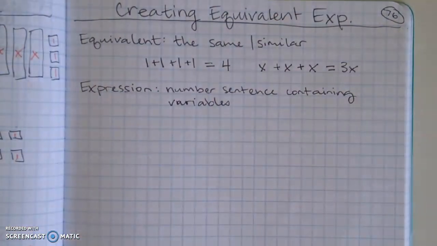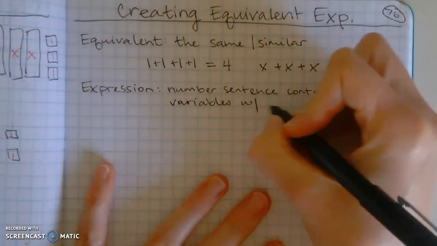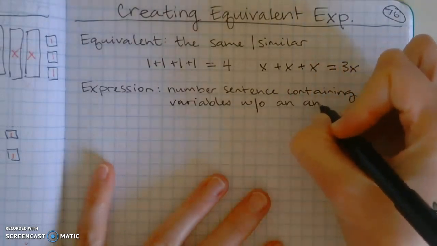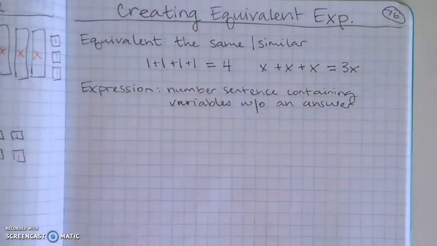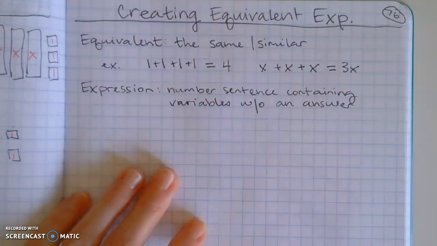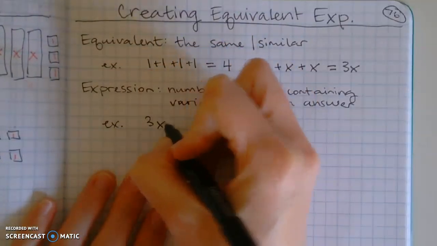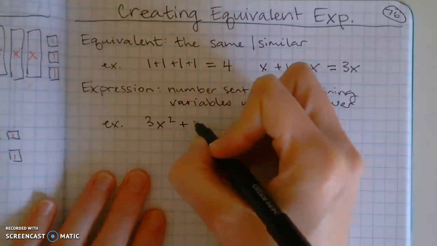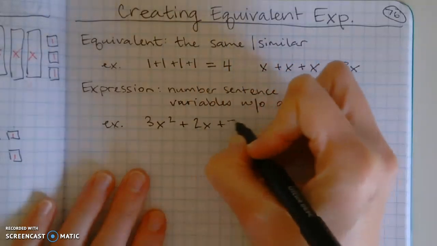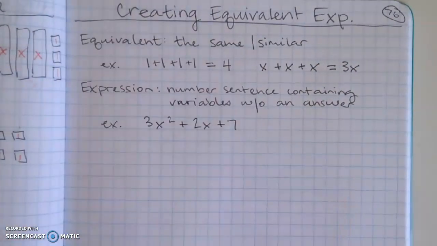So it doesn't have the quotient, the dividend, addend, or subtrahend. So, without an answer. We'll just say answer for the short way. An example of that would be 3x squared plus 2x plus 7. There's no answer on this because we don't know what x equals.